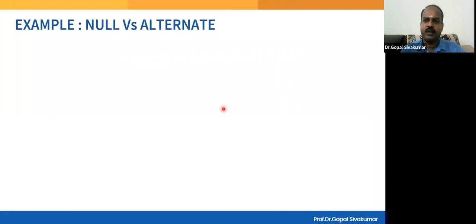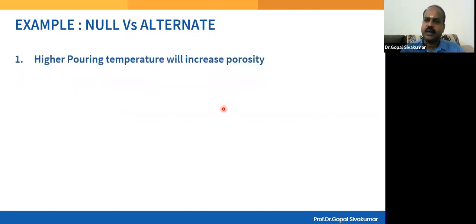Now, let us understand the concept of null and alternate hypothesis with some examples. I'll show you certain statements and then we will figure out whether it is null hypothesis or alternate hypothesis. The first statement: higher pouring temperature will increase porosity. That means the statement clearly tells that when you increase the pouring temperature, the porosity will increase.